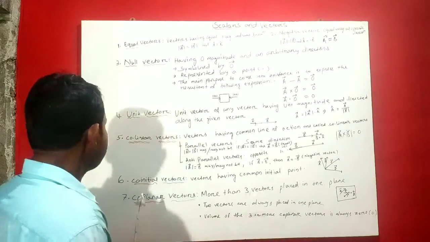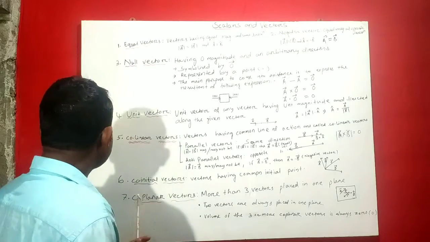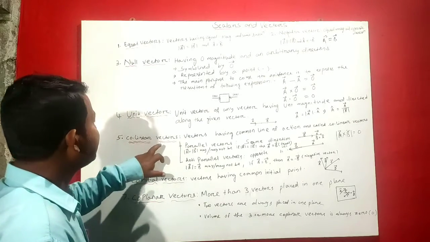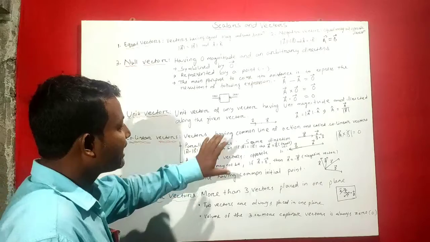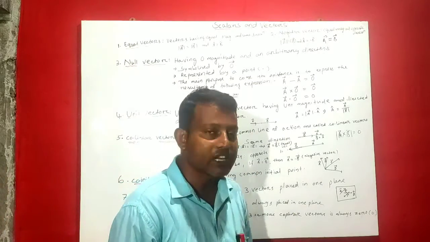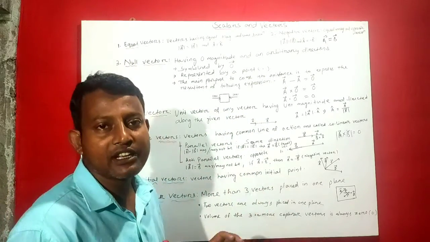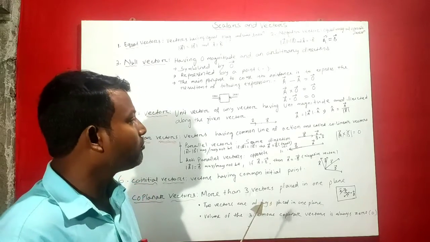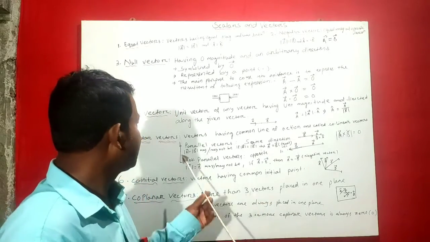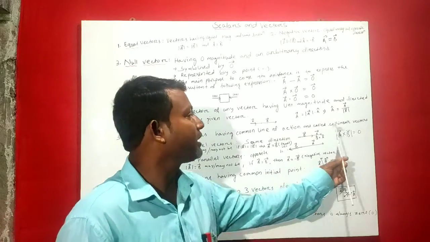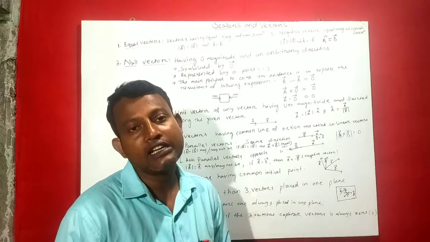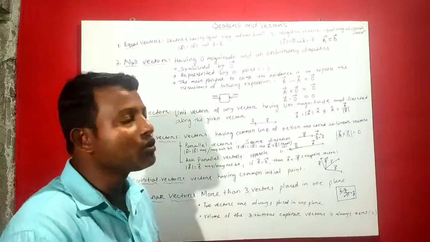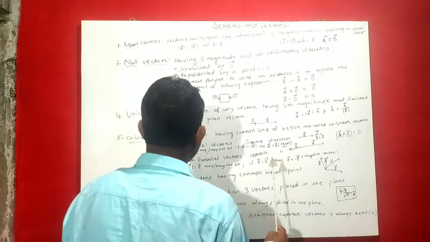Let's come to point number 5, collinear vectors. Vectors having a common line of action are called collinear vectors. That means two or more vectors having the common line of action are called collinear vectors.